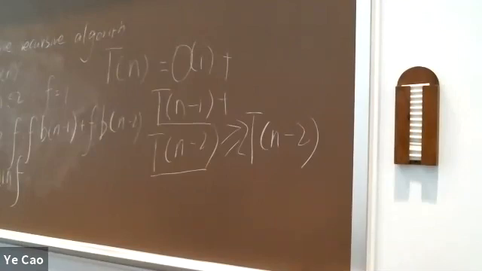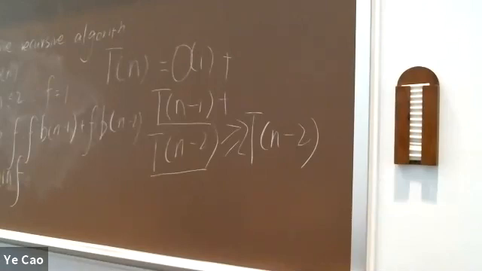Okay, so the complexity of that thing over there: T(n) is equal to T(n minus 1) plus T(n minus 2) plus O(1), right? And we can give a lower bound of this formula, which is greater than or equal to 2 times T(n minus 2), because T(n minus 1) is definitely greater than T(n minus 2).